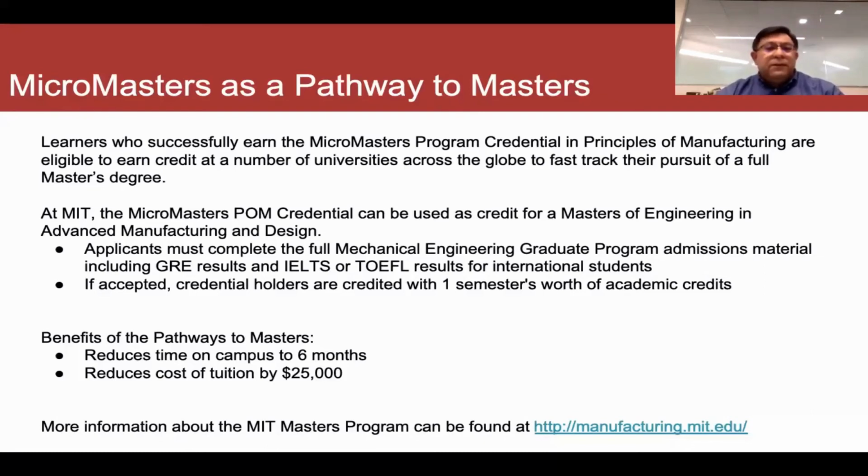If accepted, you save about a semester's worth of credit, or time, excuse me. And so instead of showing up in August, the MicroMasters students show up in January, and so that saves about 6 months, as well as 1 full tuition semester, and so that's about $25,000.